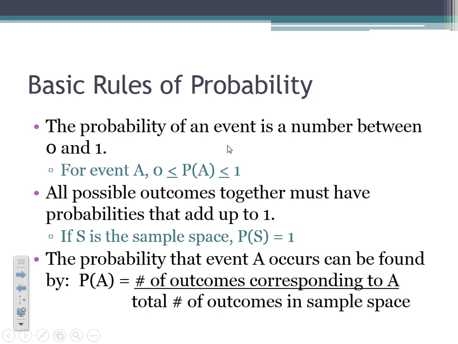If you go back to the example problem that we began the video with, what's the probability of flipping a coin 3 times and obtaining 2 or more heads? Well, the number of outcomes corresponding to 2 or more heads was the numerator of our probability answer, and the denominator represented how many outcomes were in the sample space, 4 out of 8, which we reduced down to 1/2. Okay? So 3 basic rules there, a few more to come here.